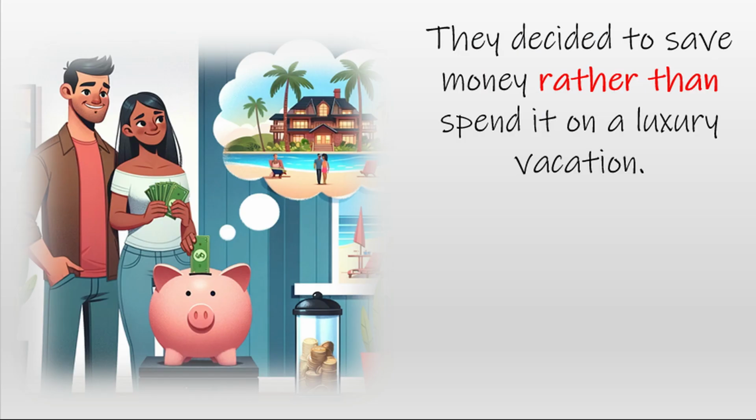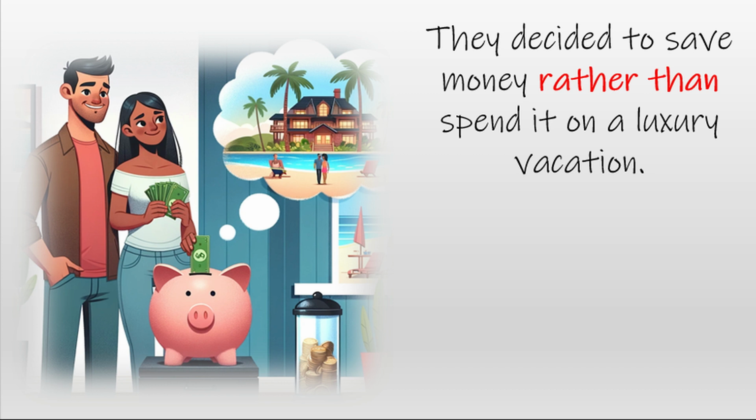They decided to save money rather than spend it on a luxury vacation. They decided to save money. This part of the sentence describes the first option or action they chose. It tells us what they are planning to do with their money. "Rather than" acts as a connector that introduces a contrast or an alternative to the first action.